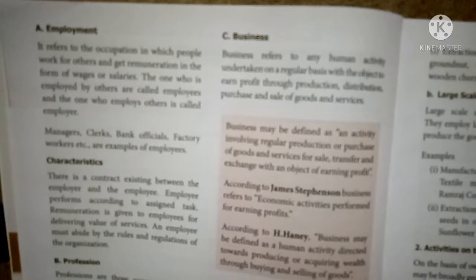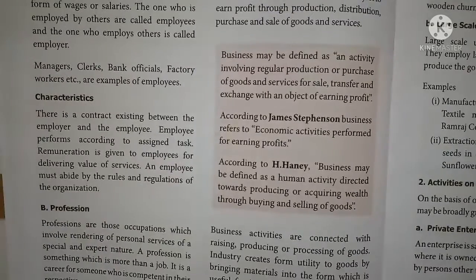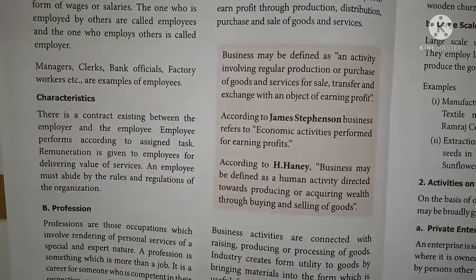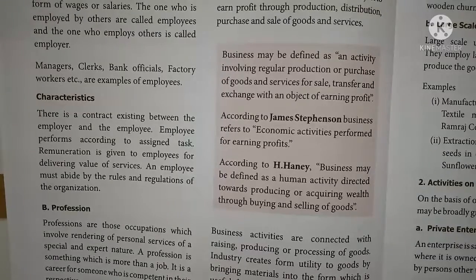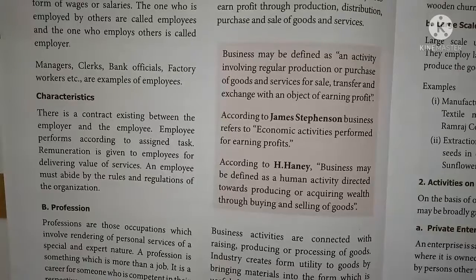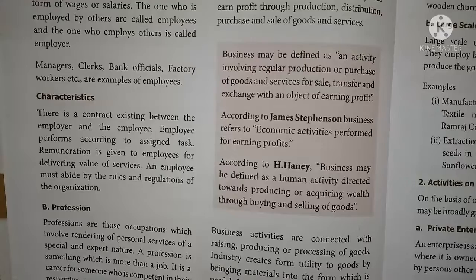Characteristics of employment. In this employment, there are some features. There is a contract existing between the employer and the employee. The employee performs according to the assigned task. Whatever work is allotted by the employer to the employee, he should perform it.